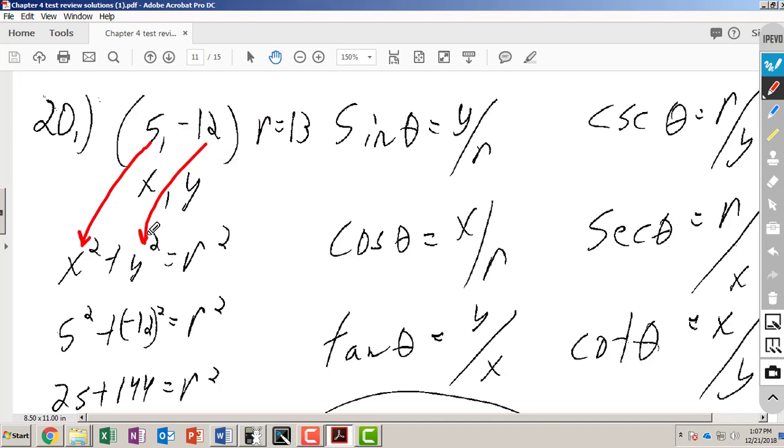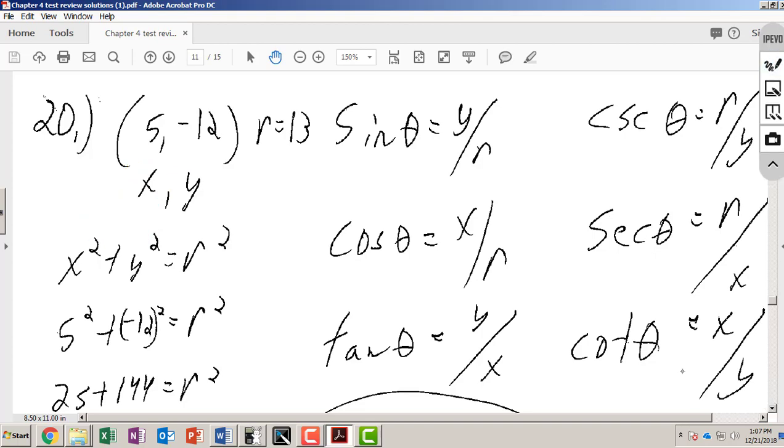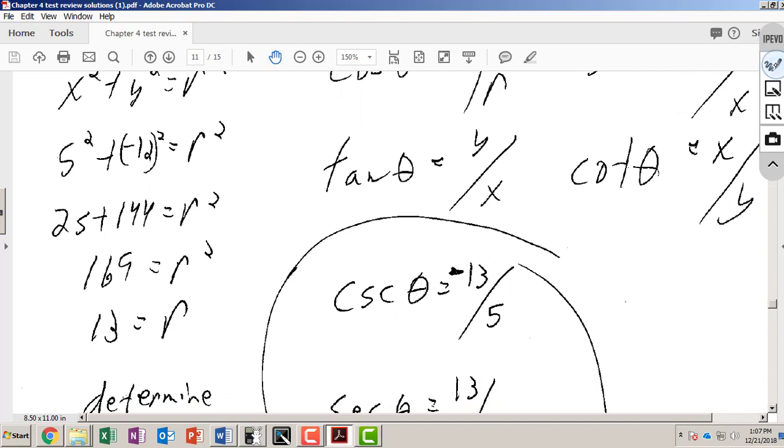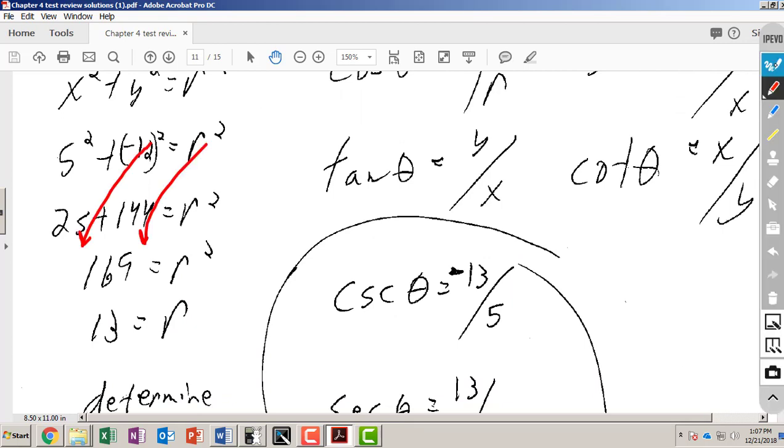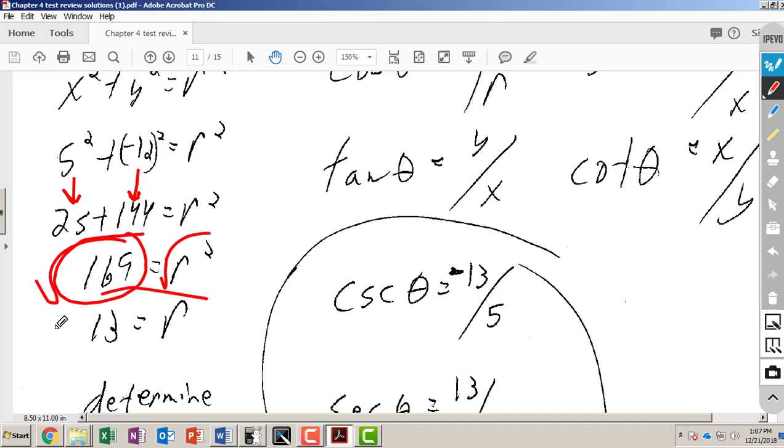Here's my y, negative 12. I get 5 squared, which is 25. Negative 12 squared is 144. I add those together, I get 169. I take the square root of both sides, and I get r is equal to 13.